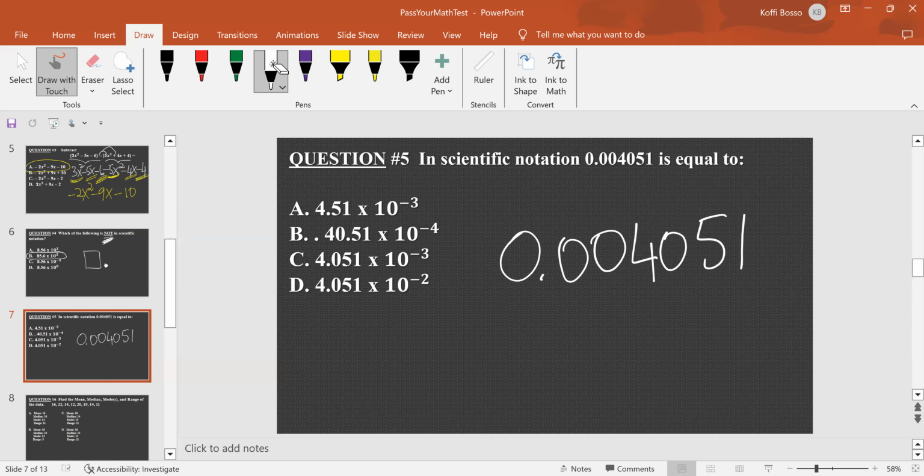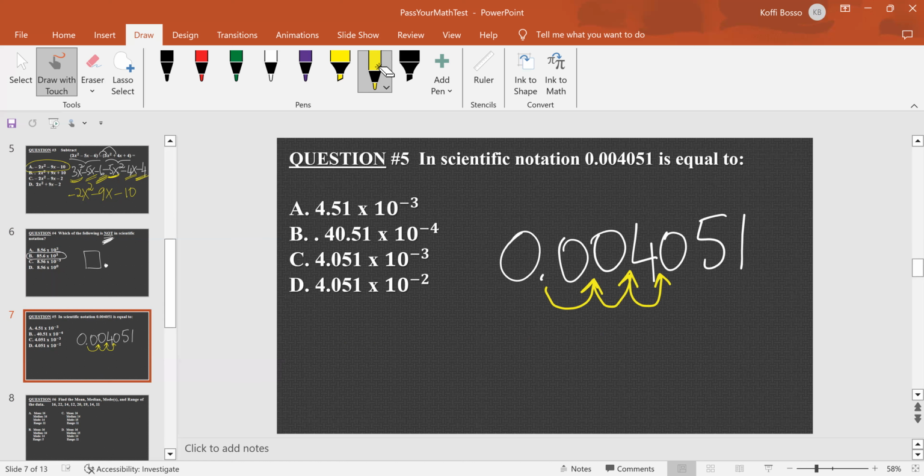That means here, I will move the decimal to the right 1 time, 2 times, 3 places to reach that first digit, which will not be 0.